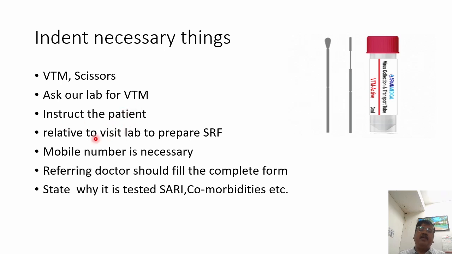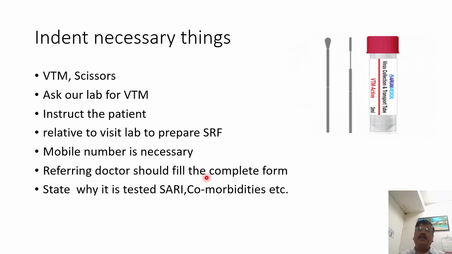They instruct the patient. The patient's relative, or a nursing orderly, or staff of the hospital should go and prepare the specimen referral form. On the specimen referral form, the mobile number of the patient is important because an OTP will come, and the patient will also receive the report once it is entered in the ICMR portal. The referring doctor should fill the form and submit it to the lab.